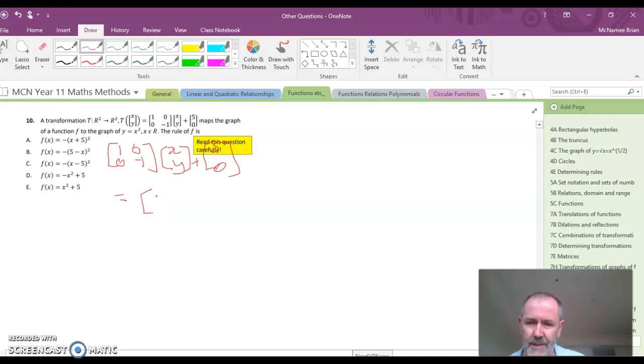Now I'm taking a couple of steps at once here. Once we've done this, we add this second column matrix, and so instead of just x, it's going to be x plus 5. And the bottom row, we multiply by this column, we get minus y, and that's plus 0, so I'll just write minus y there. Now that's equivalent to x dashed, y dashed.